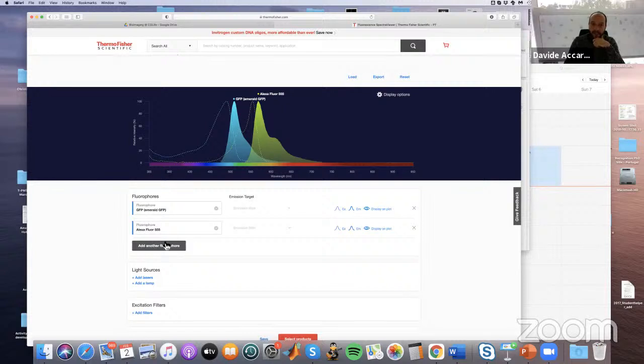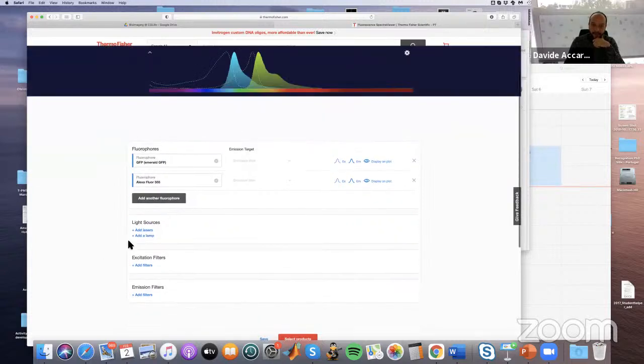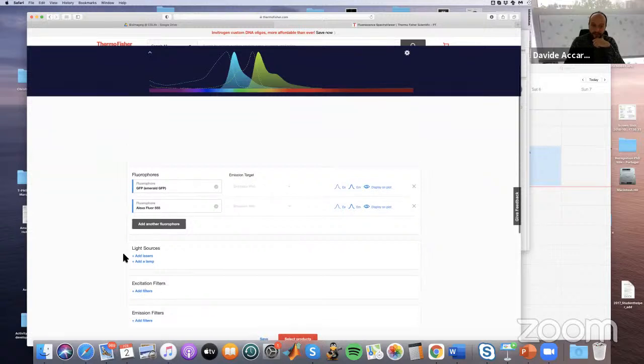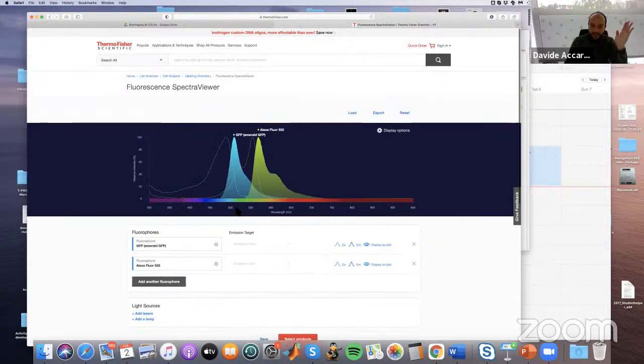So you can even add a light source and excitation filters, and you can see which excitation filter will give you a secure band of absorption that will not allow crosstalk, a contribution of the red signal into your green channel.